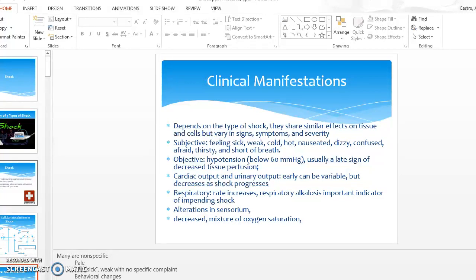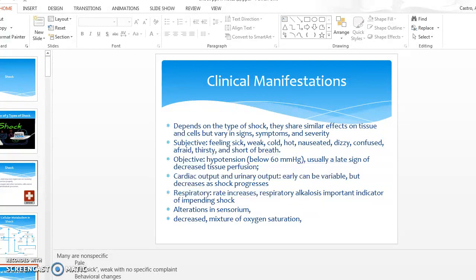When we were talking about hypoxia and hypoxemia a couple weeks ago, we talked about the peripheral tissues not getting perfused, but in this, nothing is getting perfused. There's no shunting of blood to the major organs. There are no compensatory mechanisms. I mean, initially there are, but if we don't stop it and reverse it, this is going to be widespread tissue necrosis.